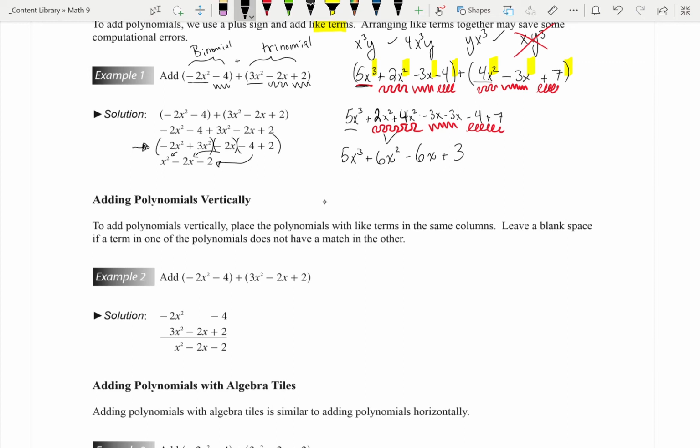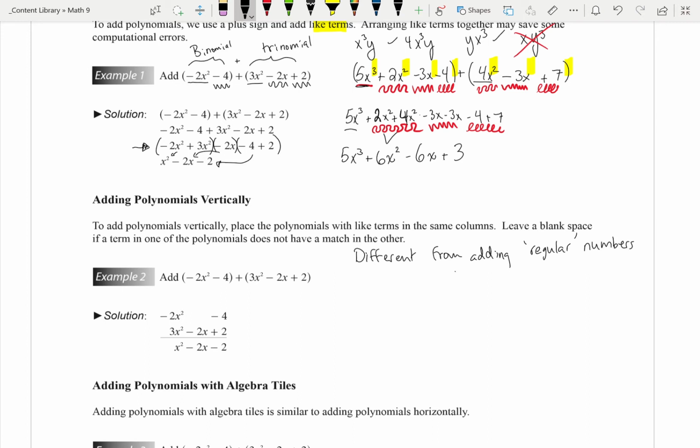However, what you need to do differently is, it is different from adding what I'll call regular numbers.